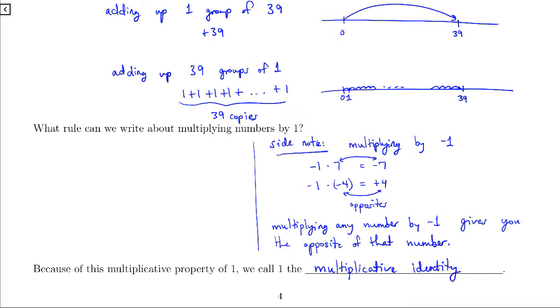It's the number that when you multiply by it, it doesn't change anything with multiplication. As another side note, you could ask the question, what number is the additive identity?